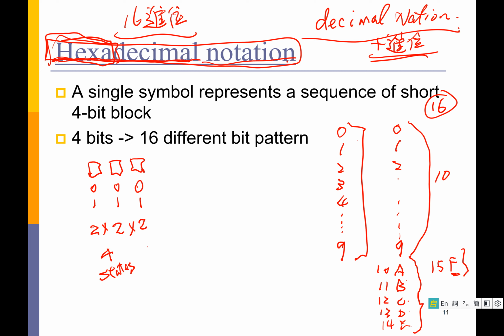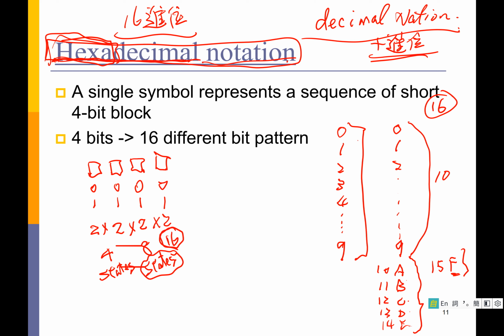We have 8 states. Now if we're using 4 bits, the first bit can be 0 or 1, so we multiply by 2 again. So we become 16 states. Okay?